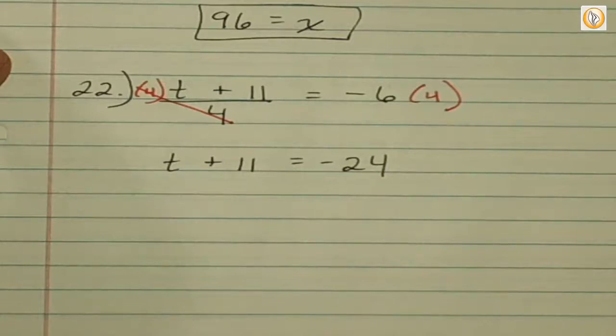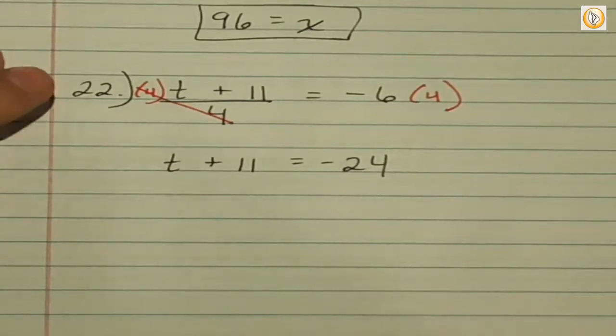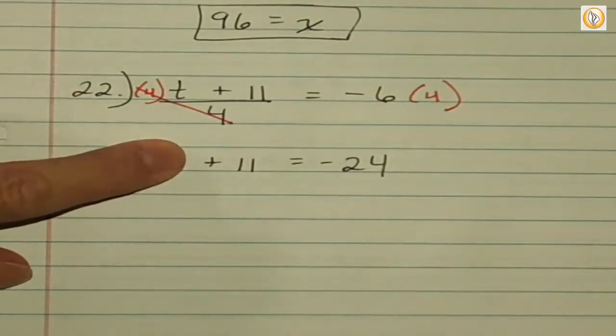What do I do? I don't know. I just know how to get the answer, but not the right way. Okay, so what do I need to get rid of? The 11? Right? Okay, so what operation is taking place with the 11? You would subtract 11 from the original point.